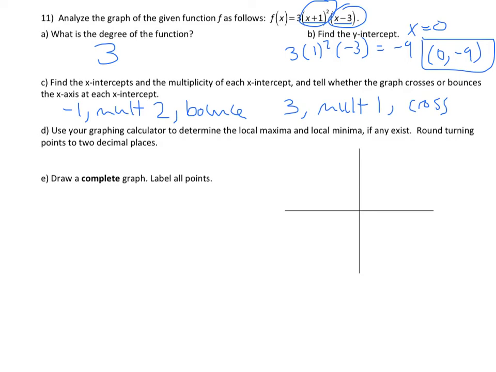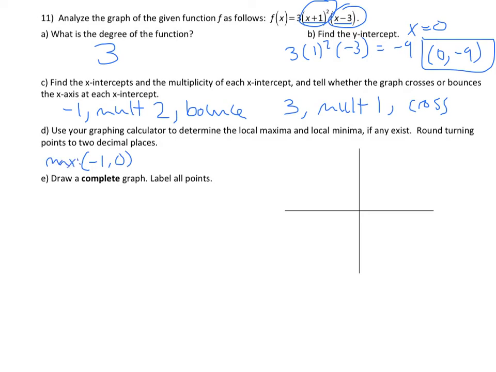And then looking at the graphing calculator, you can kind of get the general shape, but you will find that it has a local max at the point negative 1, 0. This is the max.